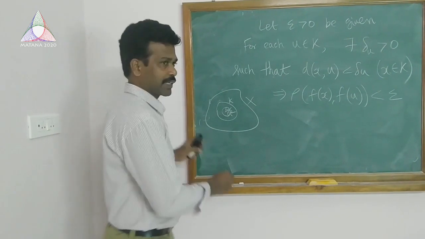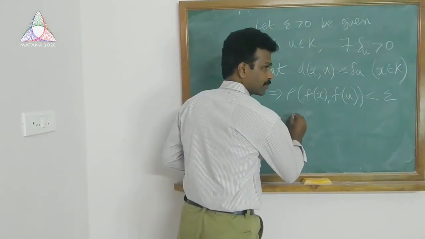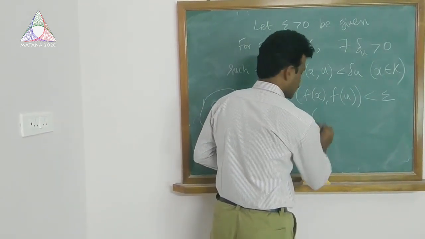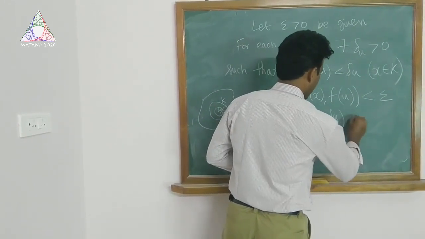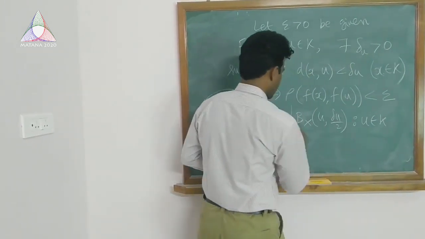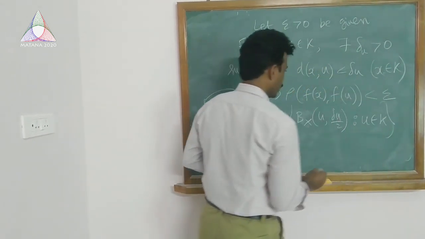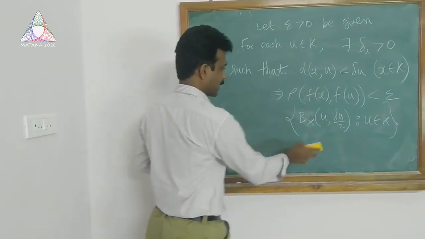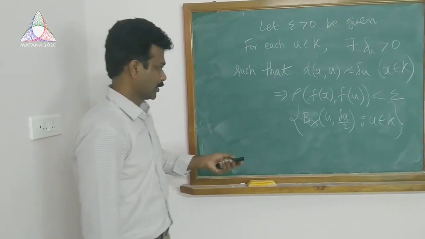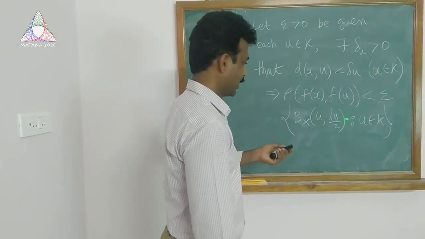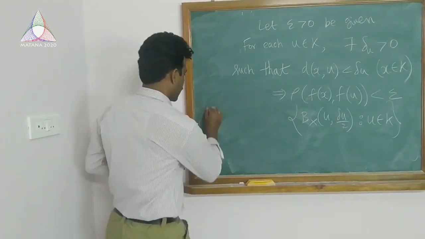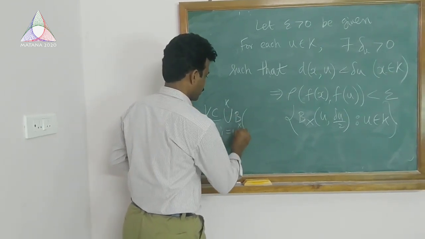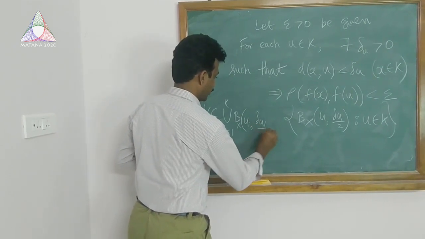So there is a cover. The cover is denoted by D, which is a collection of all open balls centered at u with radius delta u by 2, and u is varying over K. So this is an open cover of K. Since K is compact, it has a finite subcover, with finitely many centers in K. K is a subset of the union over i from 1 to k of B of u_i, delta u_i divided by 2.